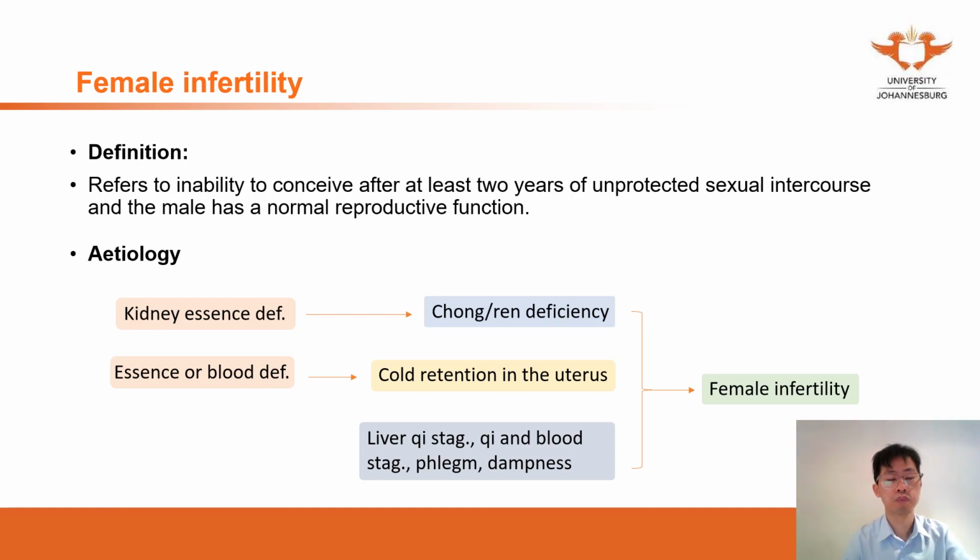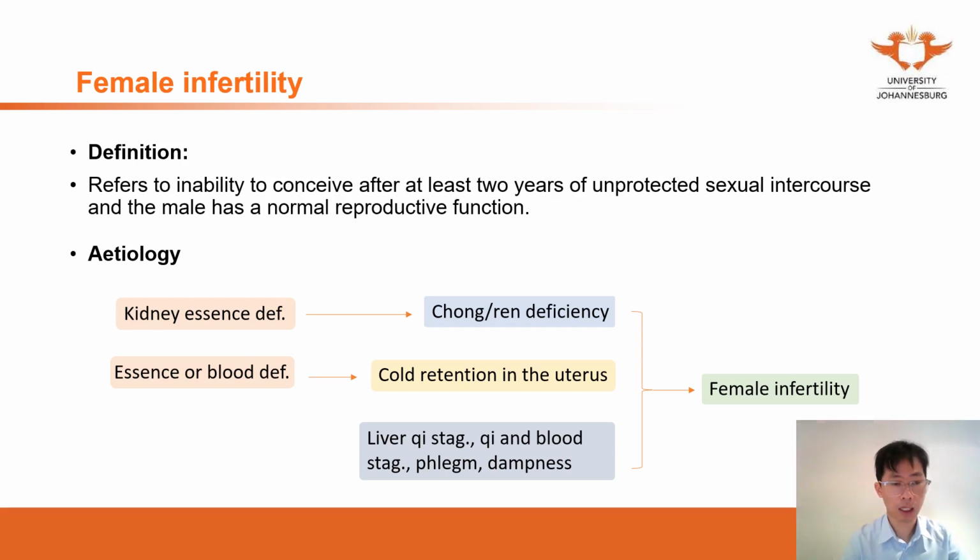Later on in other classic texts, different authors proposed different causes of infertility, and many of them related to menstruation.